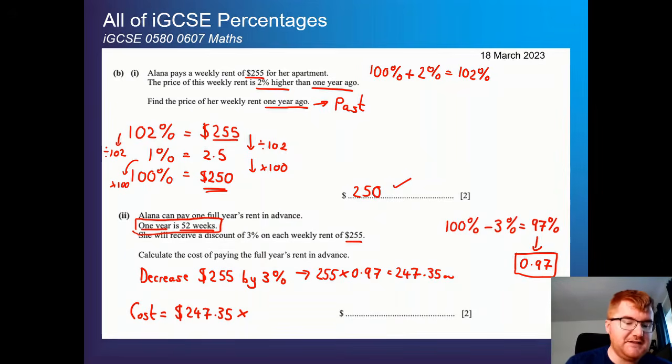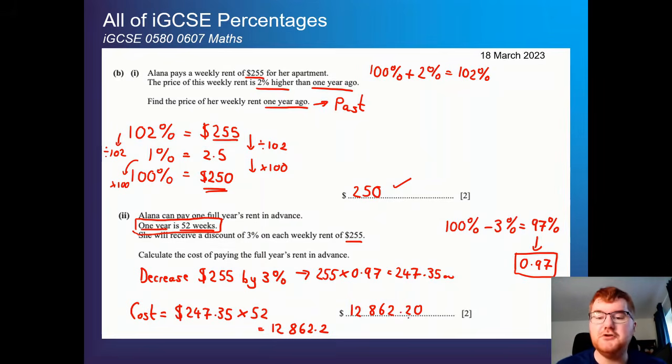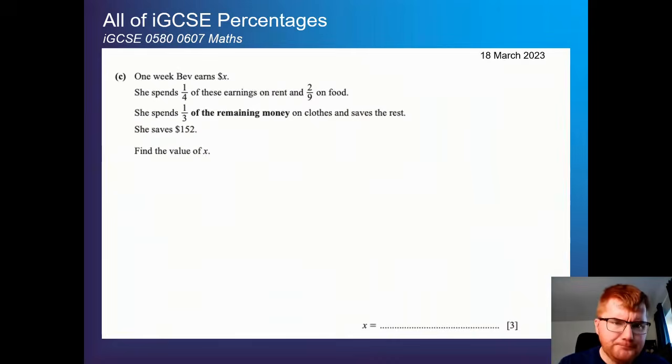And if we do that, we're going to get then the decimal of 12,862.2. Now, whenever you're doing a money calculation style question, make sure when we're writing this, $12,862.20. We should always be working with two decimal places whenever we do a money calculation.